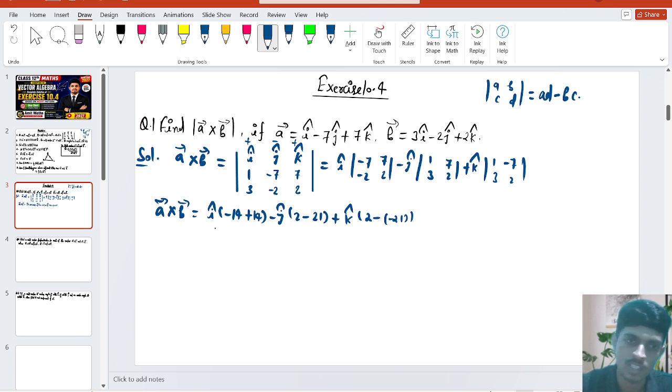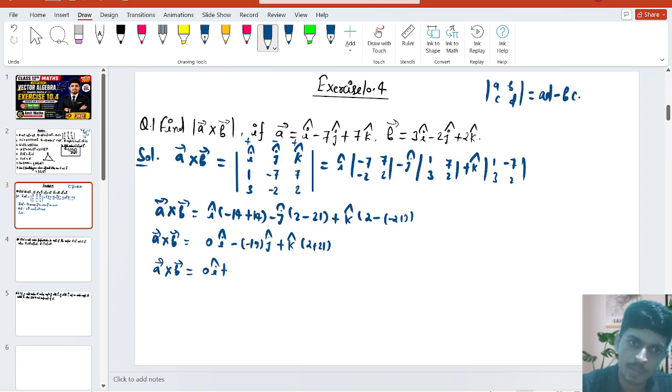So A cross B becomes minus 14 plus 14, which is 0 i cap, minus 19 j cap, and k cap, 2 plus 21. Simplified, you get A cross B equals 0 i cap plus 19 j cap plus 23 k cap.